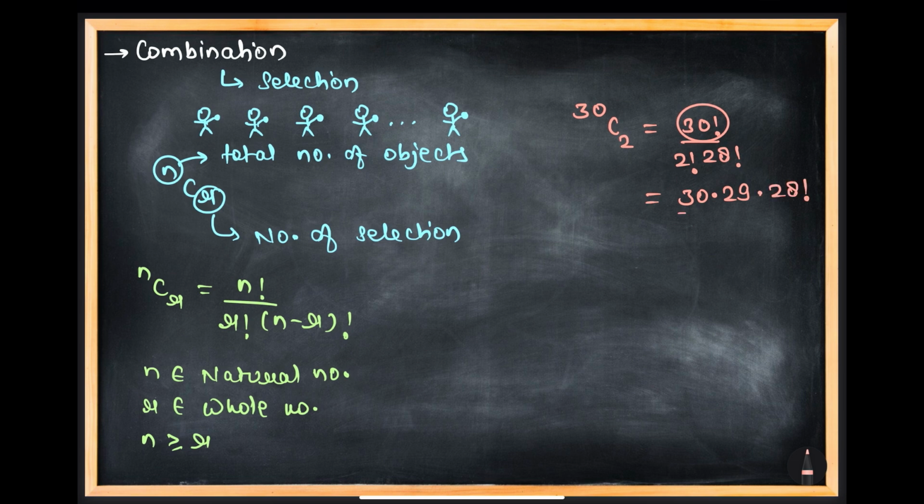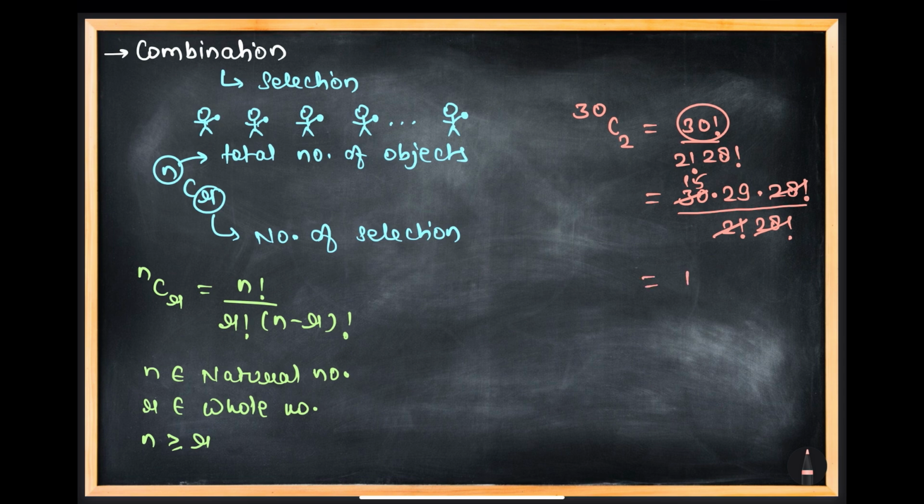You know that 28 is the bigger among both of them, so you will open this till 28 factorial. So 28 factorial and 28 factorial will get cancelled and we will be having 2 factorial as 2, so it will become 15.